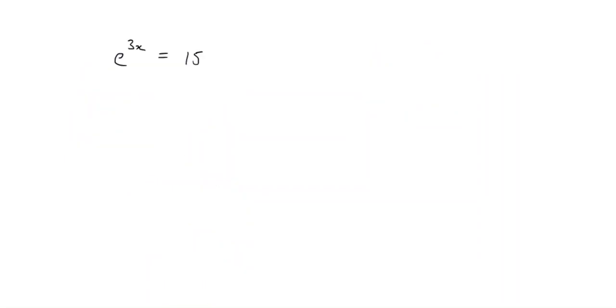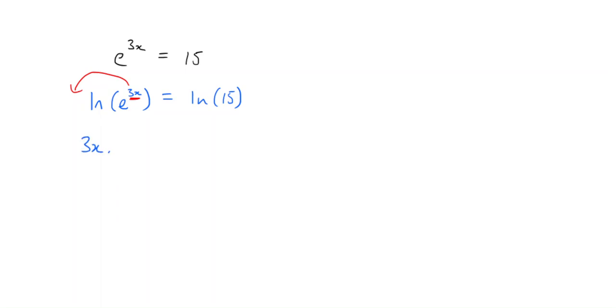Here we've got e to the power of 3x is equal to 15. So how do we do that? Well, we're going to natural log both sides. So we do ln of e to the power of 3x is equal to ln 15, and bring that power of 3x down to the front. Remember, ln is just the same as all the other logarithms that we've done, so the rules still apply.